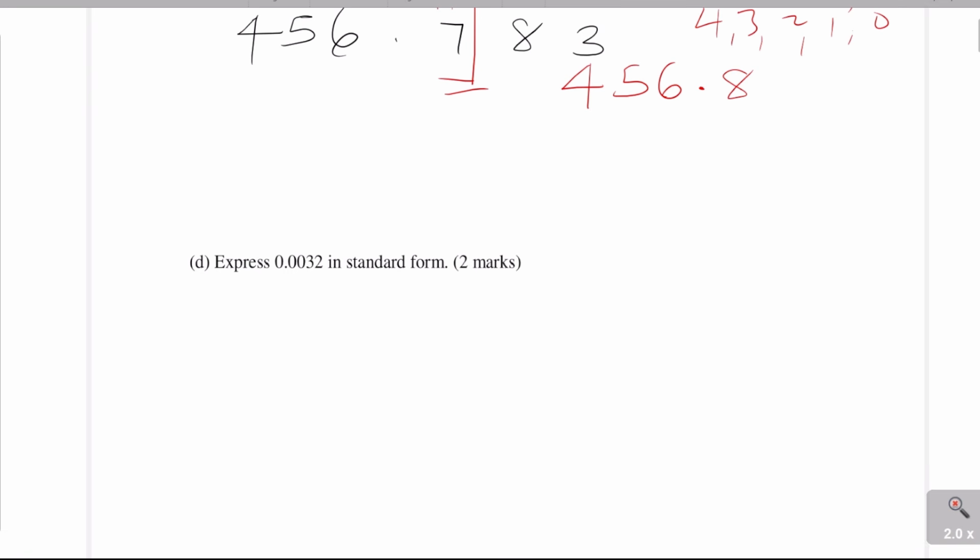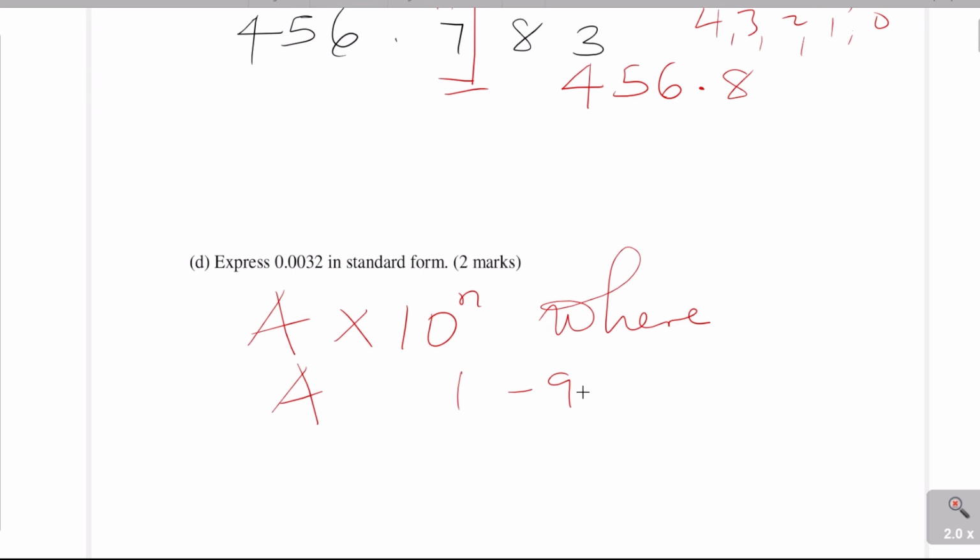When you're required to write any number in standard form, it should be written in this format: a times 10 raised to power n, where a should be a number that is between 1 and 9, or in simple terms, a should be less than 10, and a should be greater than or equal to 1.